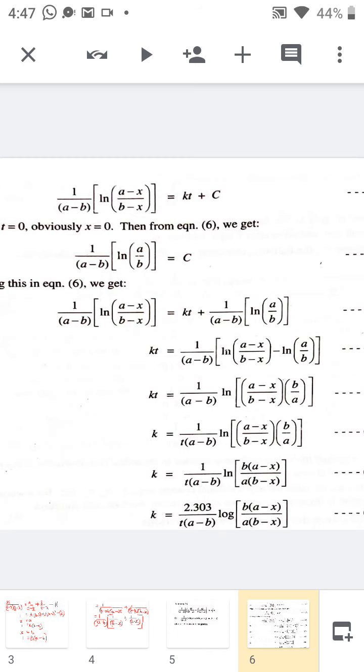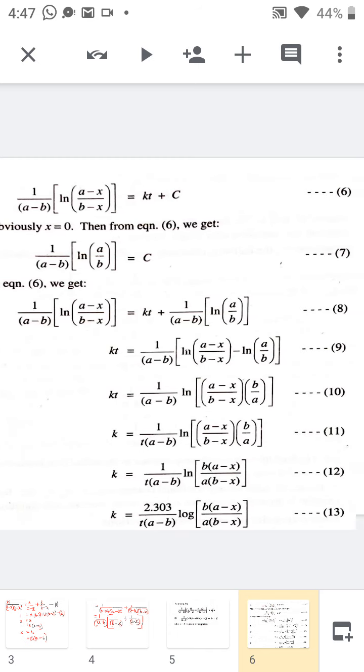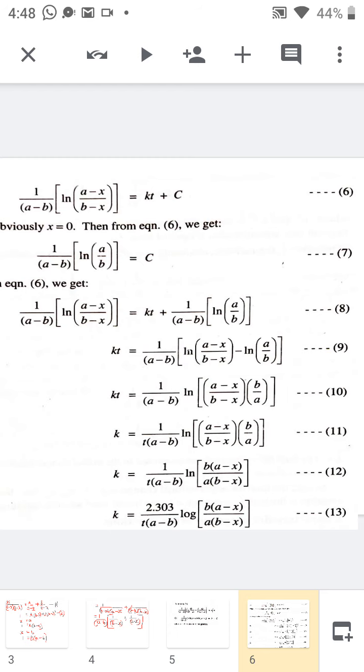Then after the rearrangement, our equation becomes k equal to 1 by (a minus b) into ln [(a minus x) divided by (b minus x) into b by a]. Then moving t from the left hand side to the right hand side, the rate constant k is equal to 1 by t(a minus b) into log [(a minus x) divided by (b minus x) into b by a].